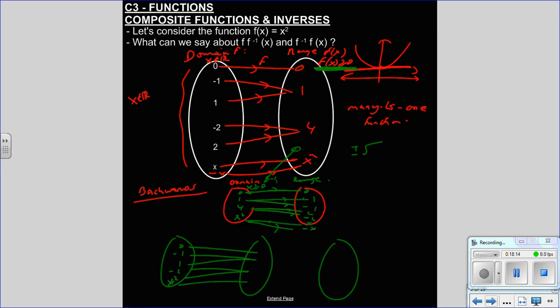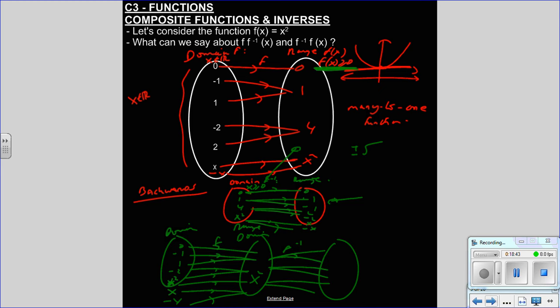That's just x and minus x. So we applied f to it, and that produced all of our x squared stuff. And then we apply the inverse of it, f to the minus 1. So we had a domain of f, that produced a range, that therefore becomes the domain of f to the minus 1. F to the minus 1 happens to it, and that's what this graph is here. So bang, bang, bang, bang.